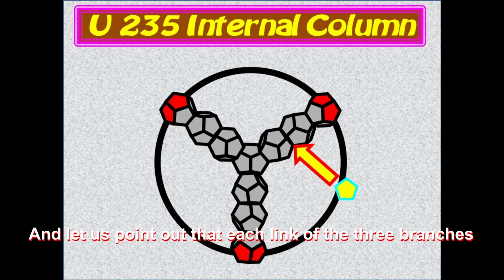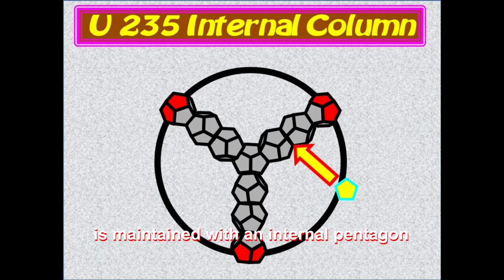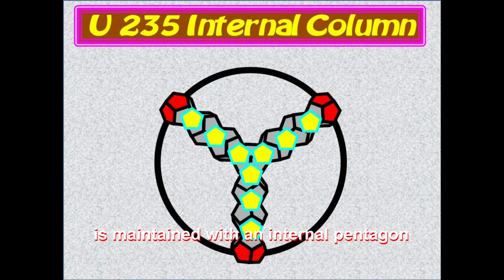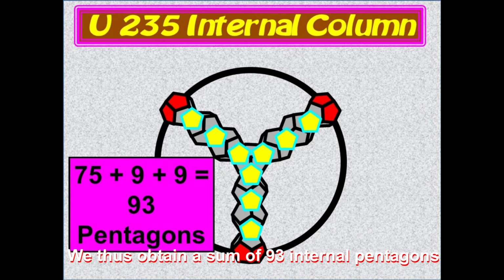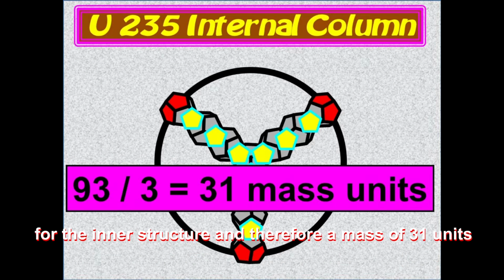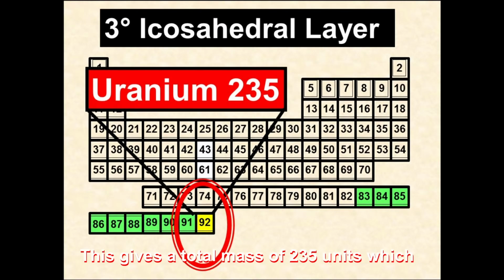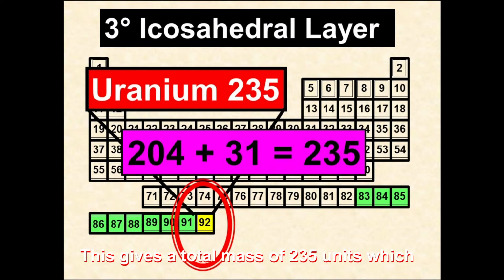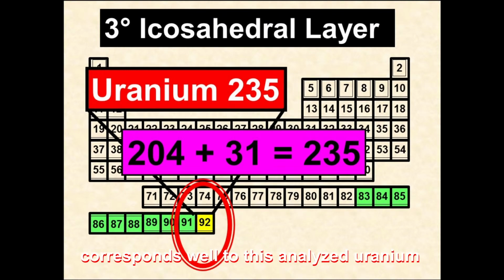We thus obtain a sum of 93 internal pentagons for the inner structure, and therefore a mass of 31 units. This gives a total mass of 235 units, which corresponds well to this analyzed uranium.